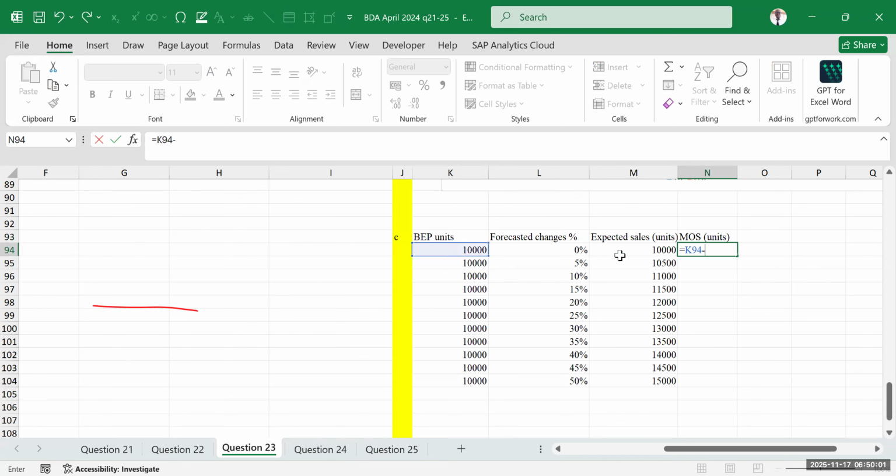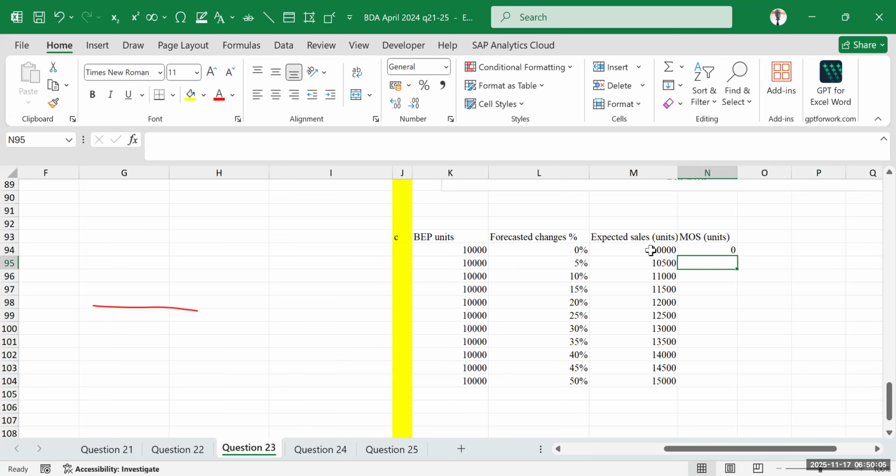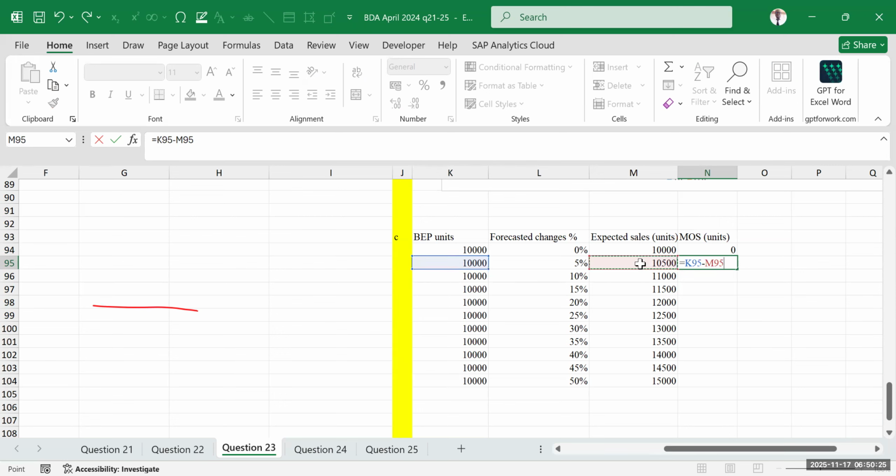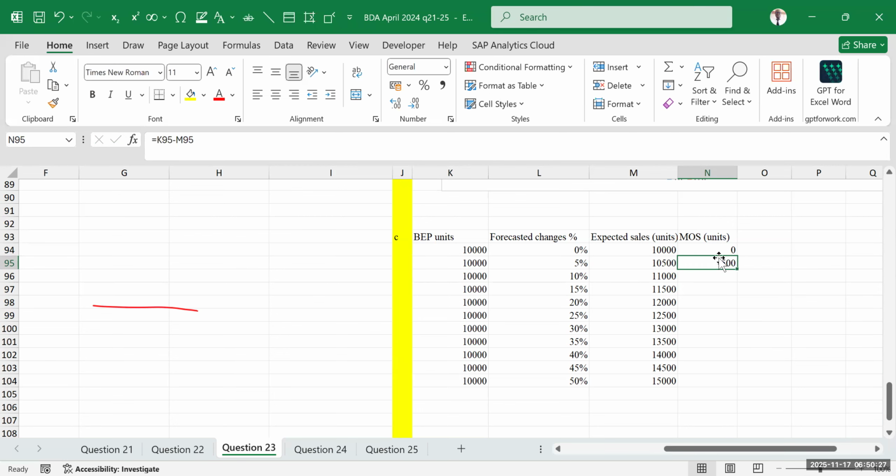So in this case, number 1, if the change is 0, then we don't have any margin of safety. We are not safe. We've not made any profit. So we don't have a margin of safety. It is 0. But when we come to part 2, if our break-even point is 0, but if we effect a change of 5%, then we expect to sell 10,500, meaning we are safe by 500 units.